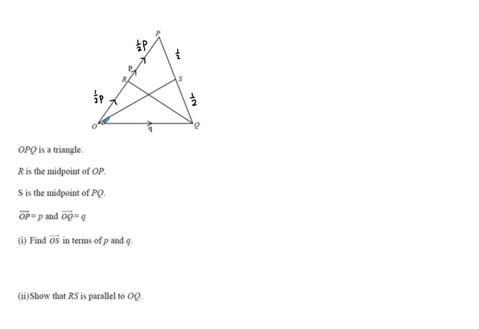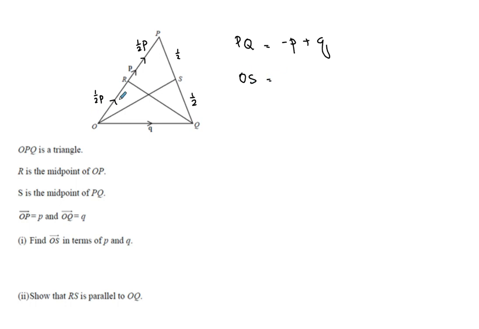So we want to find OS. You can tell that we don't have PQ, and as we were preparing, we sort of realized. So let's find PQ first, because once we've found PQ, then to find OS, we can go there and then half of PQ. So PQ equals minus P plus Q. Now we can find OS.